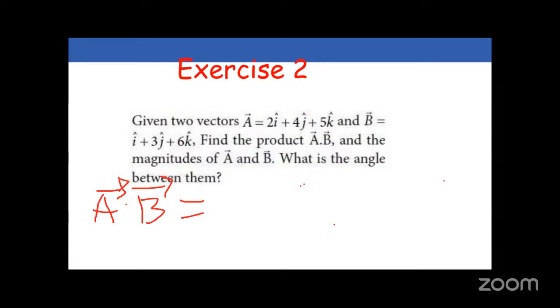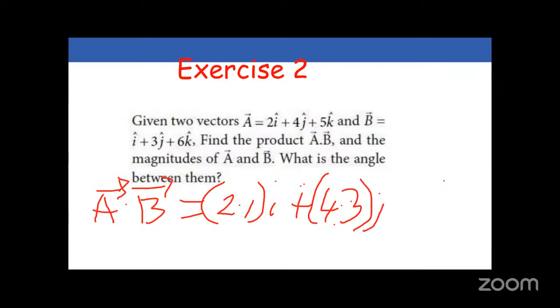So vector A multiplying vector B, that will be 2 dot 1 i plus 4 dot 3 j plus 5 dot 6 k. So 2 times 1 is 2i.